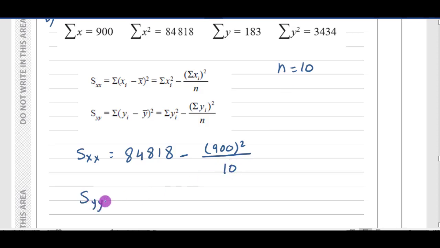And SYY is equal to 3434 minus 183 divided by 10, this one squared.